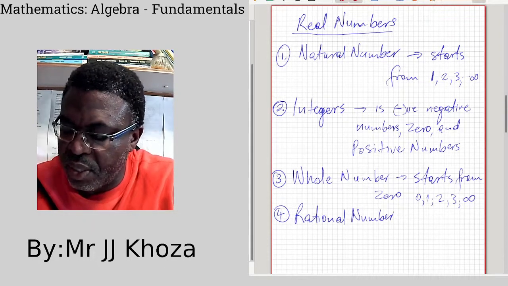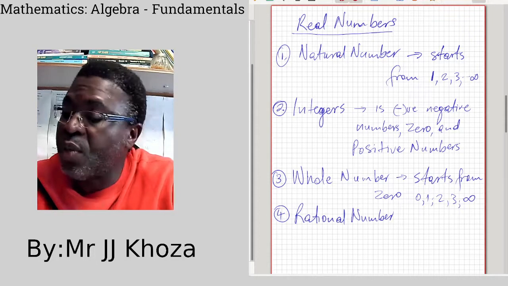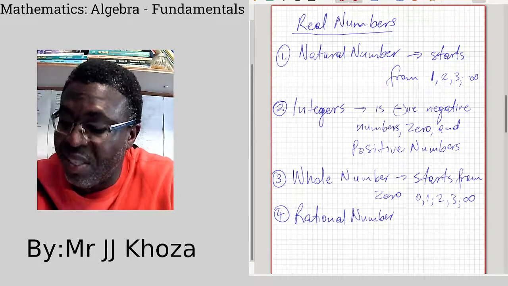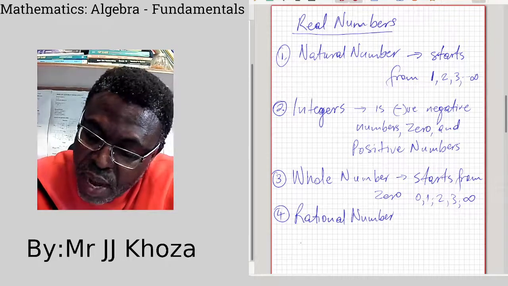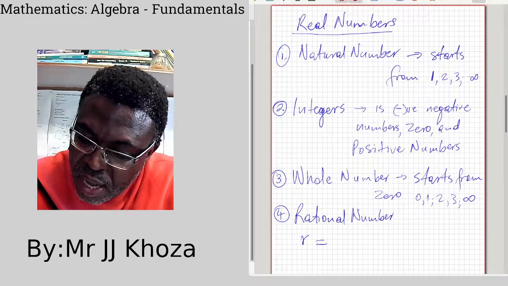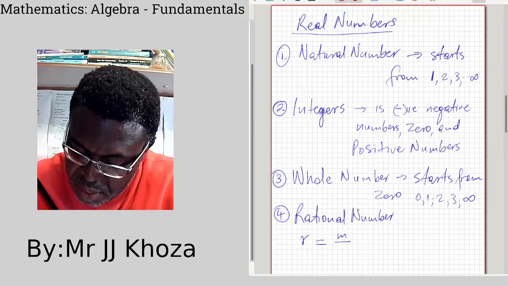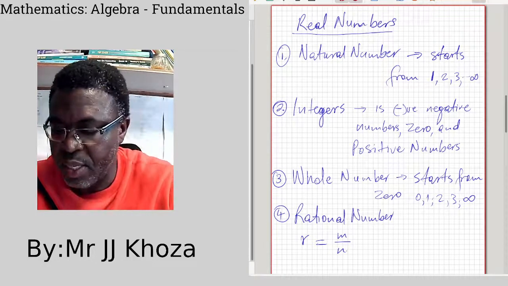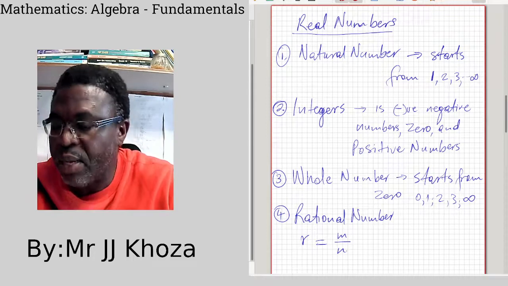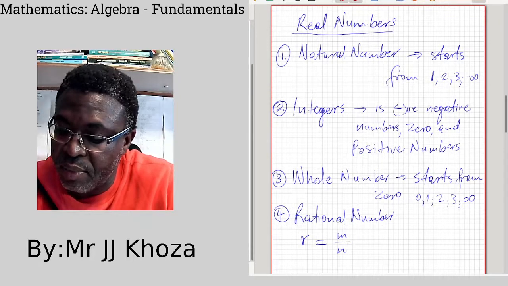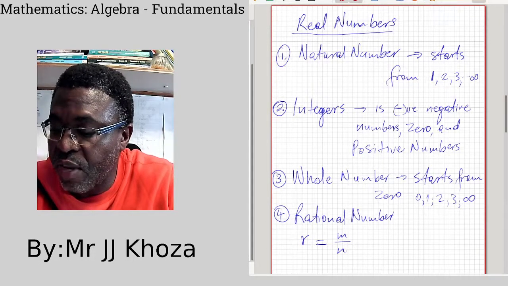When we talk about ratios, we talk about division. So a ratio is denoted like this: R is for ratio, M is the numerator, N is the denominator. So any number can be expressed as a ratio of M and N.